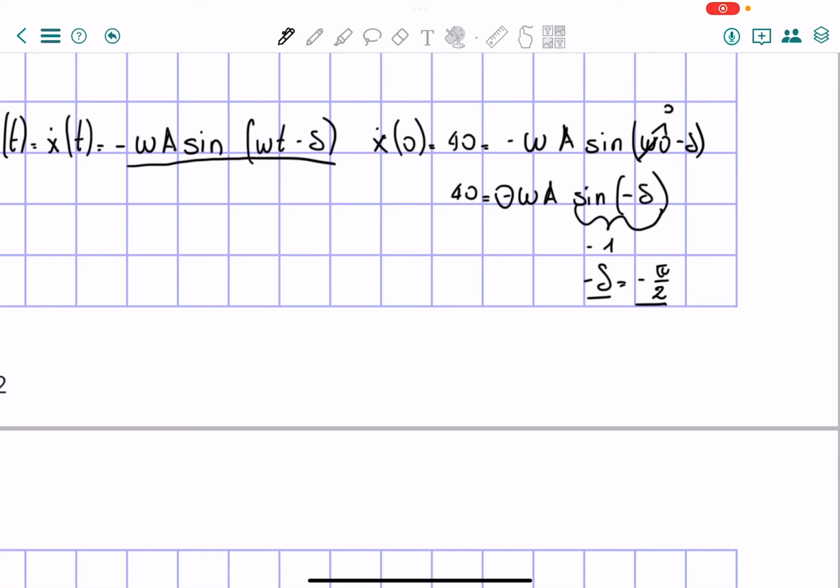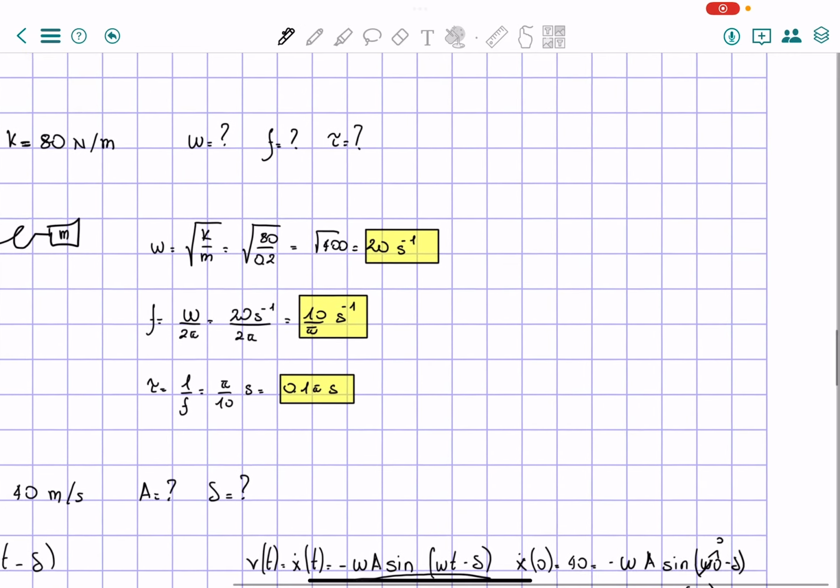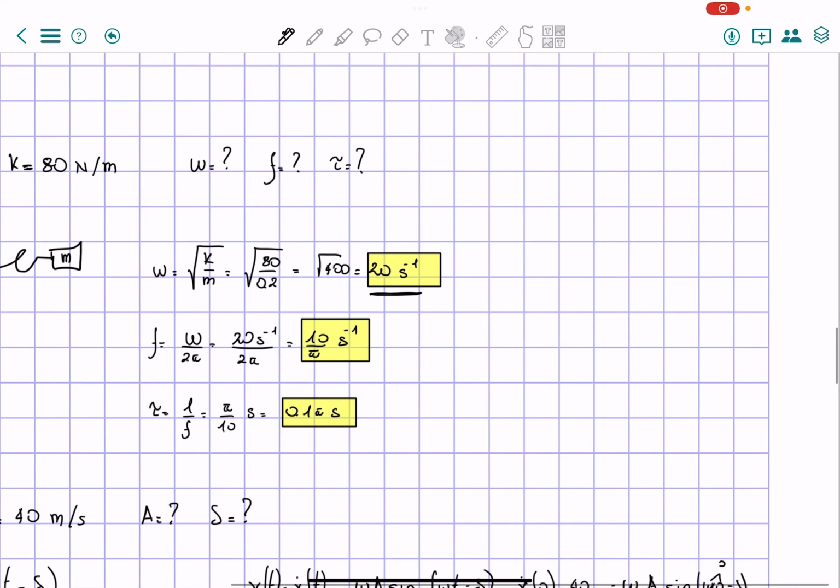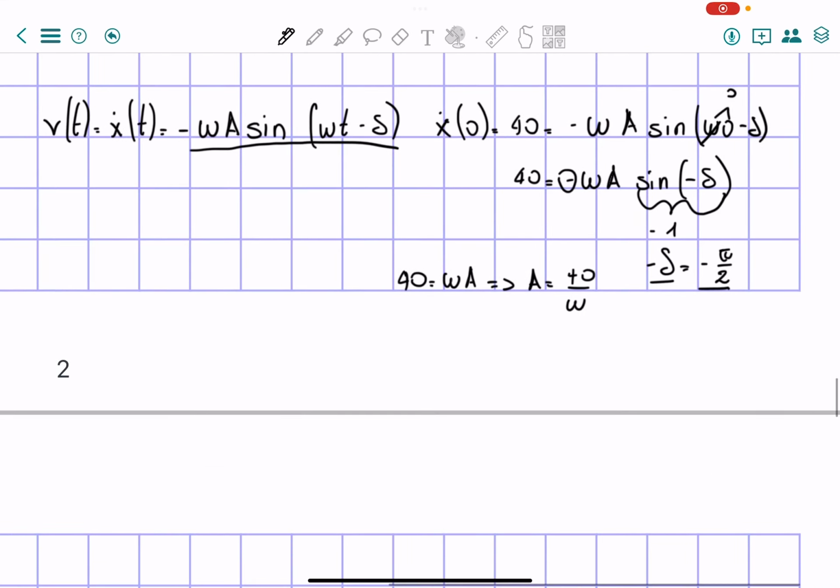And since sine of that equals negative 1, we can rewrite as 40 equals w A, which gives A equals 40 divided by w. And we said before that w is equal to 20, so it's 40 divided by 20, so 2. And there's our amplitude.